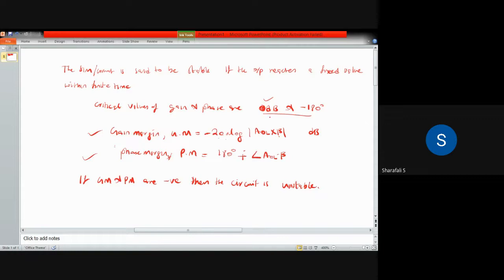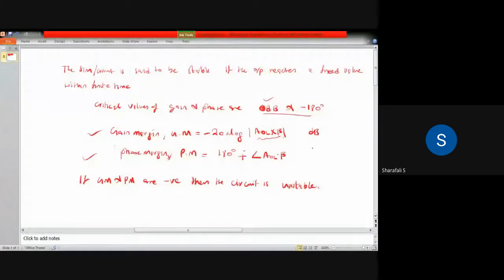If this value is coming to be a fraction and the log of that value is negative, in such cases this GM will become positive, so the circuit will become stable. But in other cases, if you take the log of AOL times beta and it becomes a positive term, then the total gain margin will become negative. If the gain margin is negative, that means the circuit is unstable.